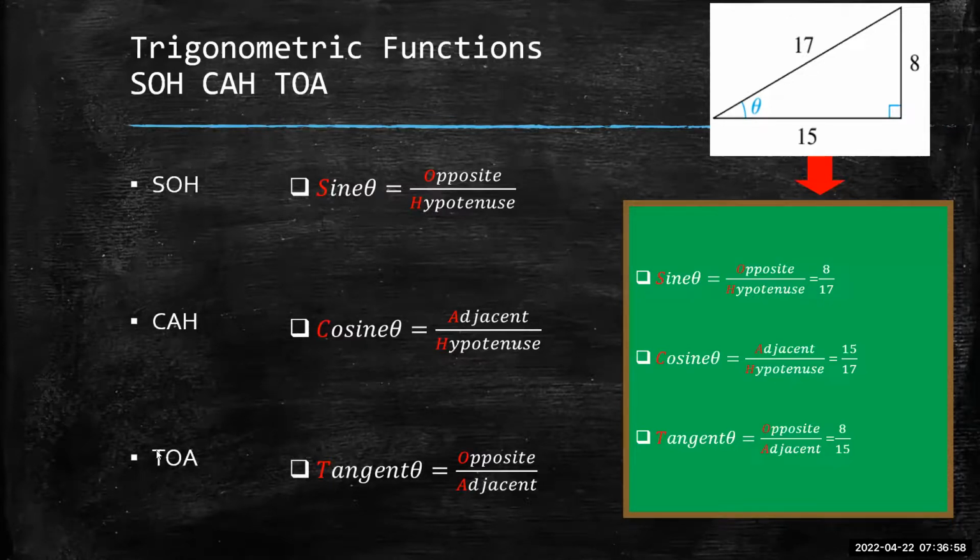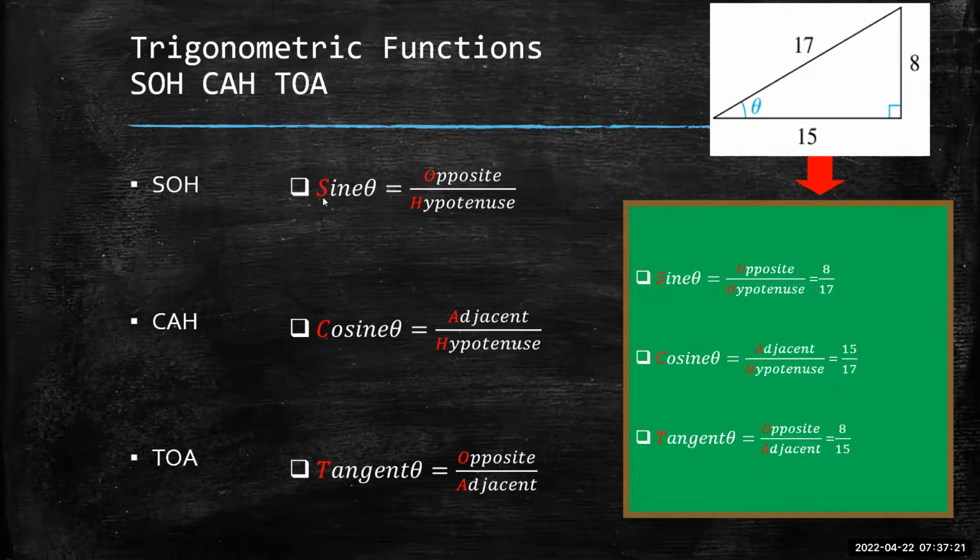TOA: T is for the trigonometric function tangent, O is for opposite, and A is for adjacent. If you know what S, C, T, A, and O mean, you know the trigonometric functions. Okay? So remember this.